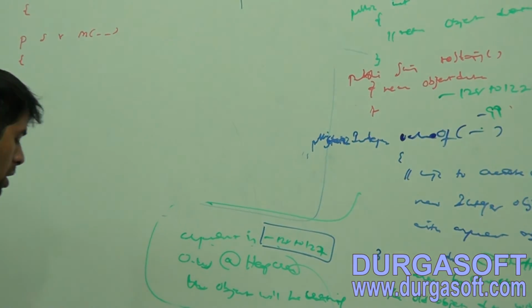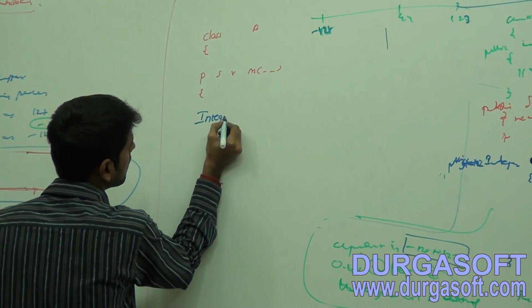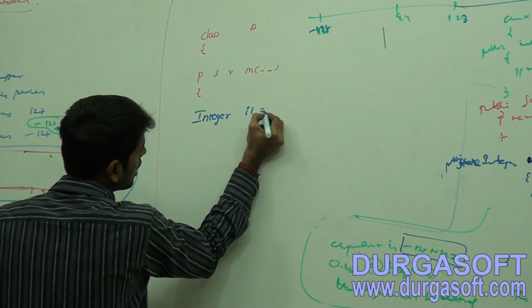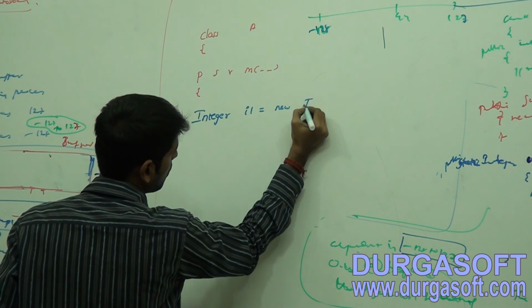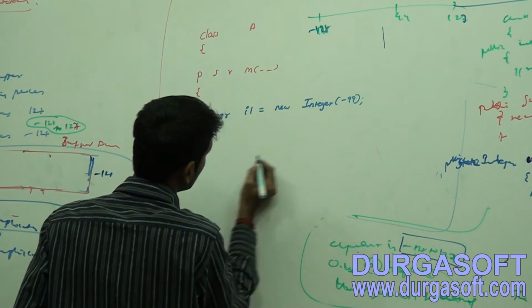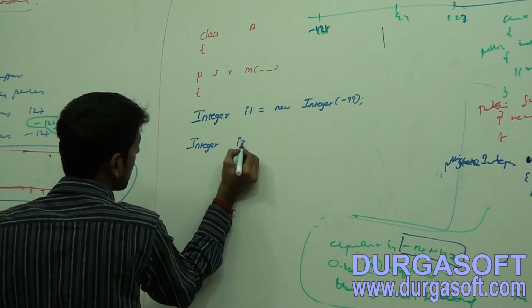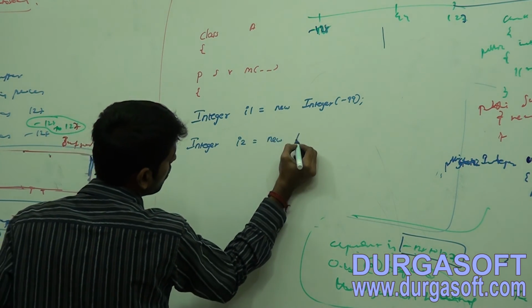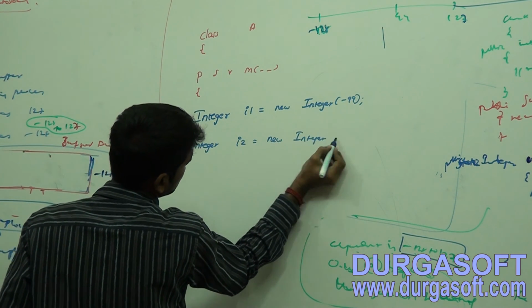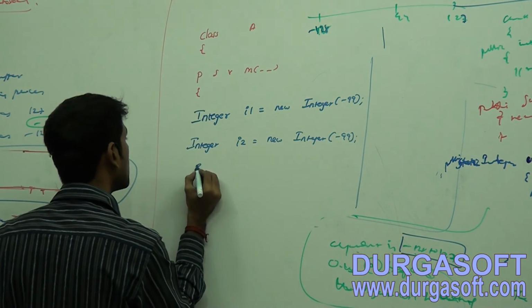Now observe. Integer I1 equals new Integer of minus 99. Integer I2 equals new Integer of minus 99.